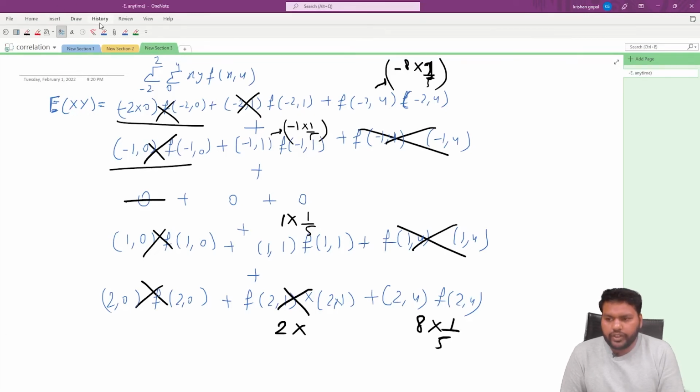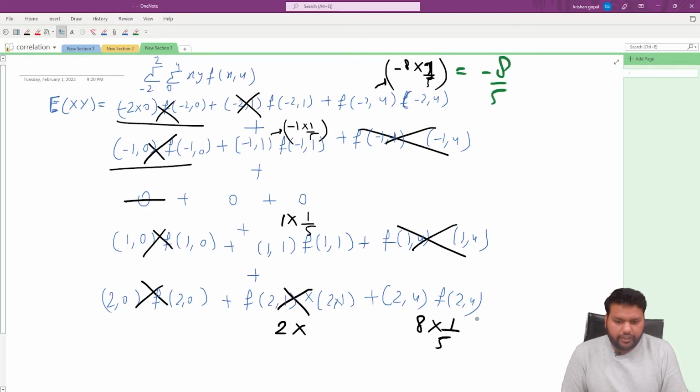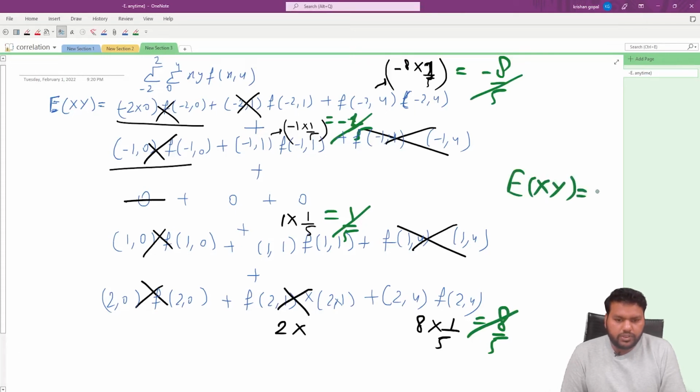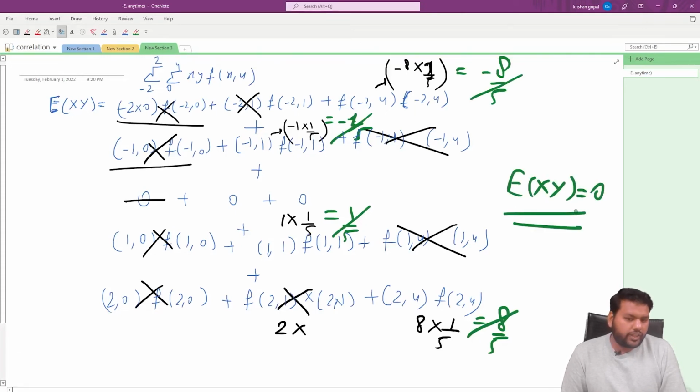So what values do we get from here? We get minus 8 by 5 and 8 by 5 here. Then we get 1 by 5 and minus 1 by 5. So this cuts with this and this cuts with this, so overall the expectation of xy comes to 0. When expectation of xy is 0, what does it imply?